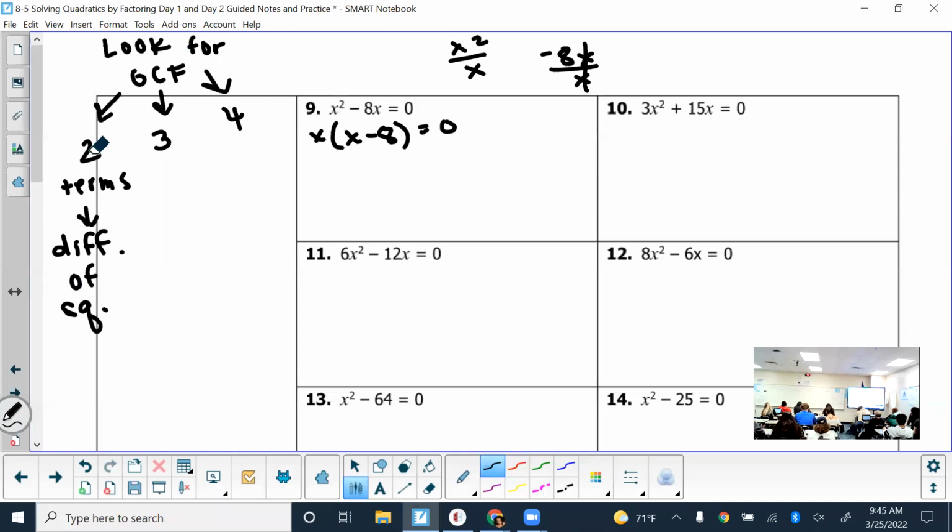All right, but yeah, if it's 2 terms, see if it's a difference of squares and then factor it that way. If it's 3 terms, then it has to be in this format if you're gonna factor it. And how do we factor stuff in that format? The diamond method. So A times C on top, B on the bottom. And we're not gonna do it today, but if A is a different number other than 1, what do you have to do after the diamond method?